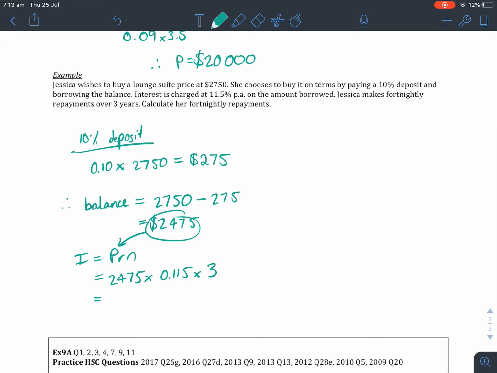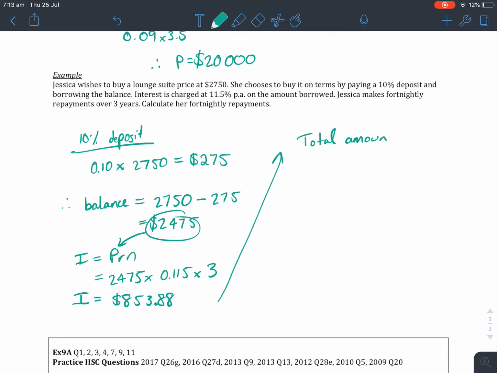Now we're going to give it to 2 decimal places because we're talking about money, dollars and cents. 853.88 is the interest. So what's the total amount that she actually needs to pay back? Let's work that out.